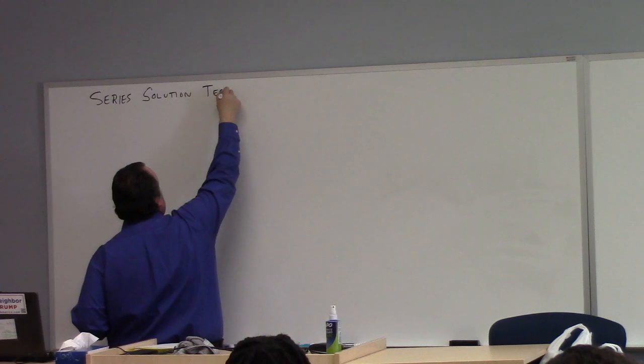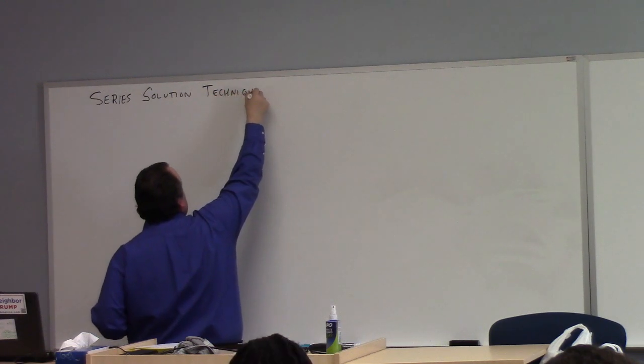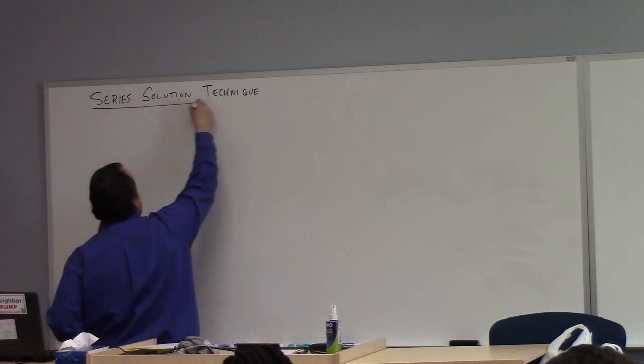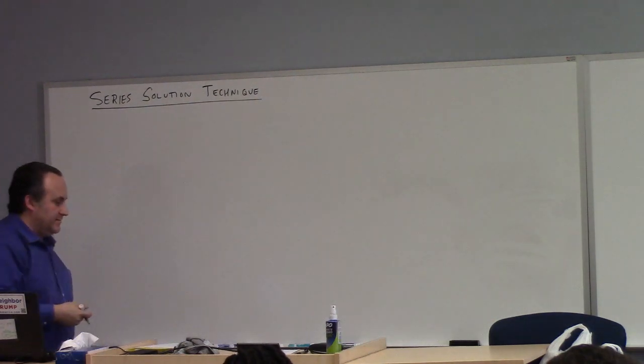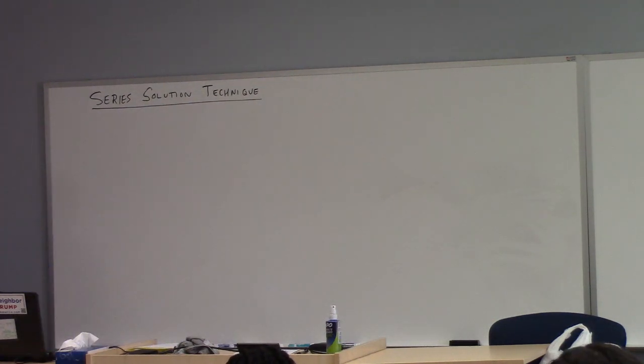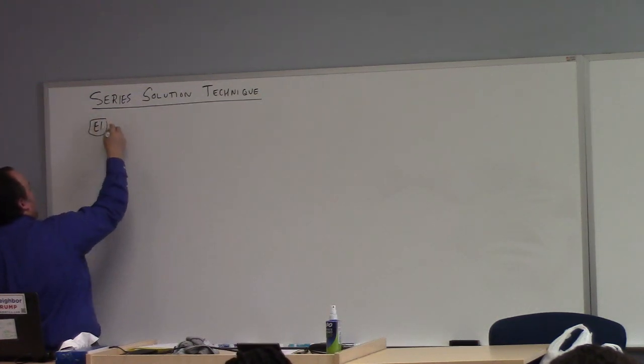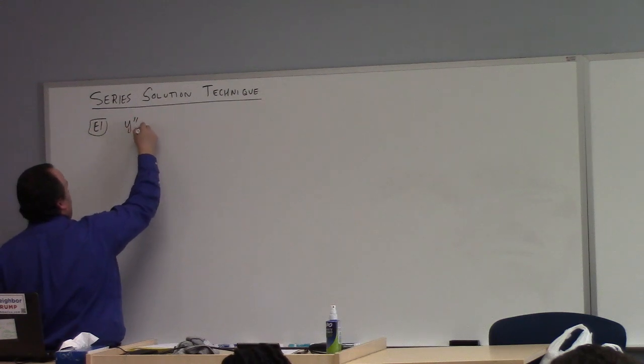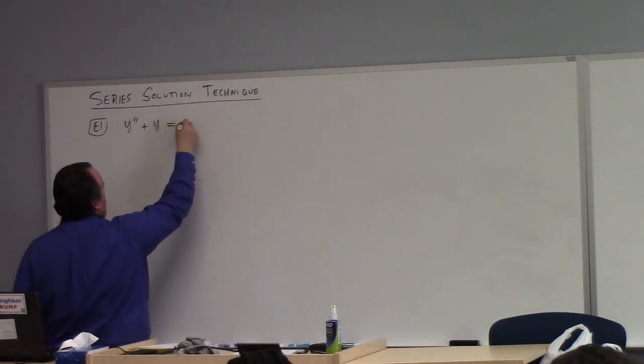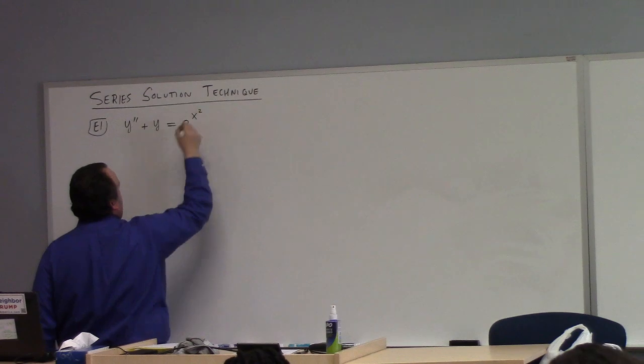So today I want to show you basically the method and the major theorem about the extent of the domain of solutions. I'm going to start out with some relatively easy examples which don't require this sort of full analysis. So we'll start out with, say, y prime prime plus y equals e to the x squared.